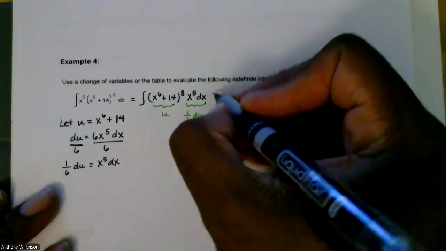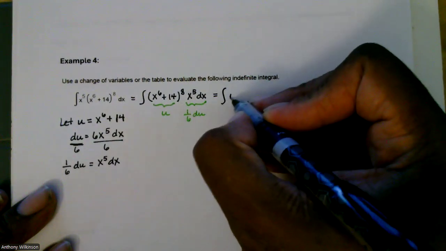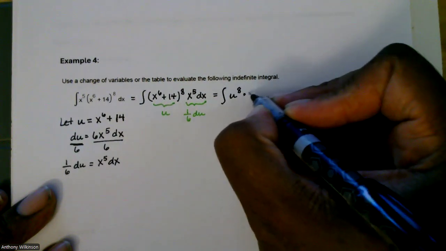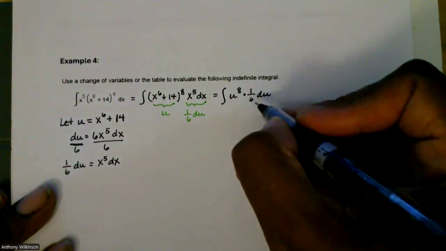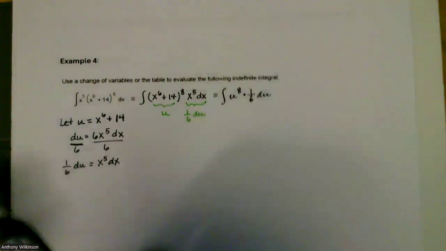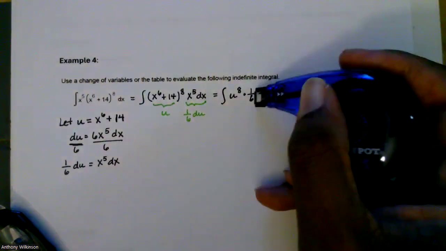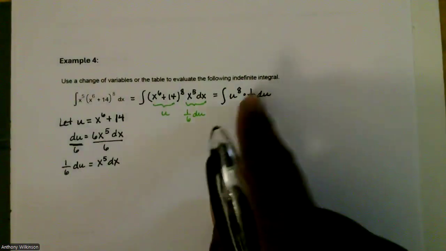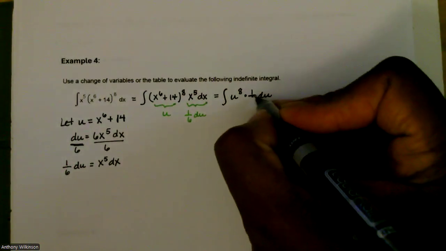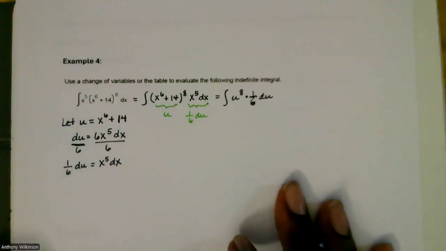And to illustrate that, I have the integral of u to the 8th times 1/6 du. And let me make that 6 look like a 6. It'll be 1/6 du.